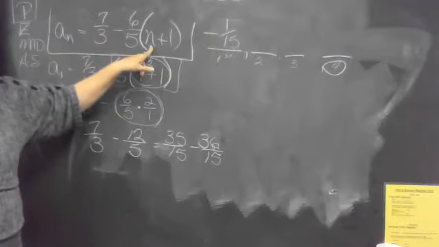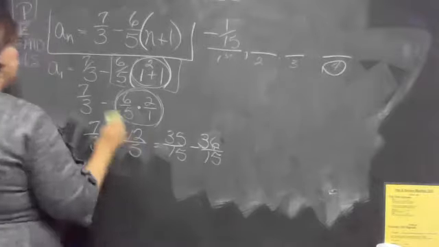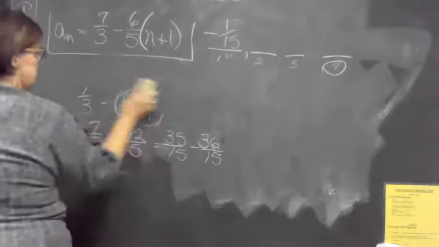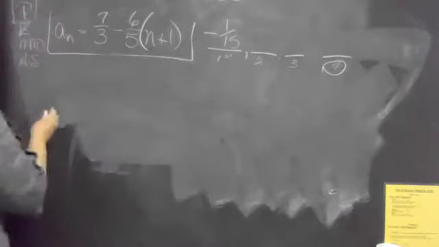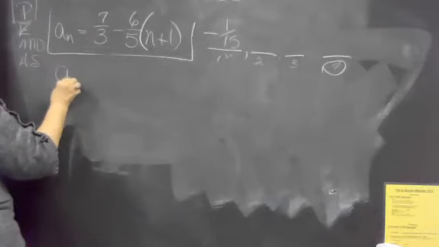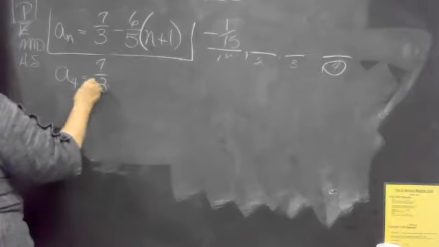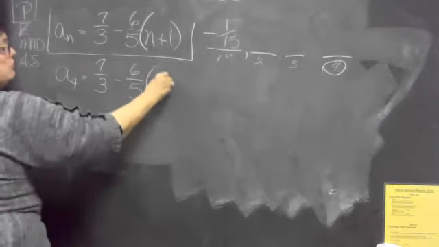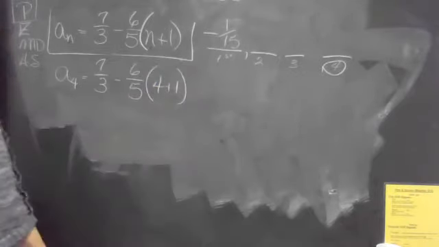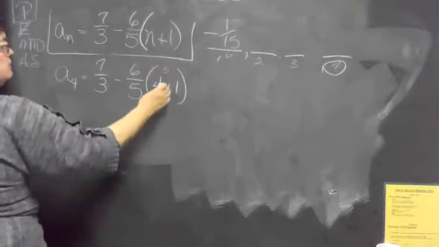Let's do that. Let's find the 4th one in that series. Of course, you all will be finding them all. So I want to find the 4th item in the series. 7/3 minus 6/5 times 4 plus 1. Now, if you did this in the calculator, this is 5, and you have to do this multiplication.